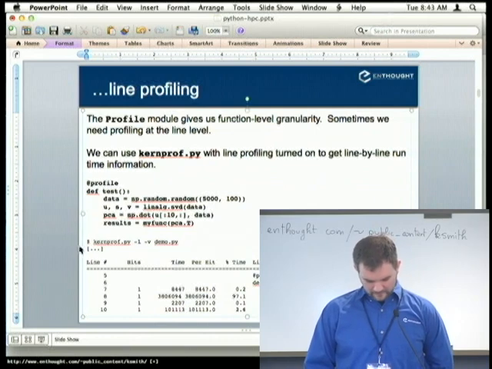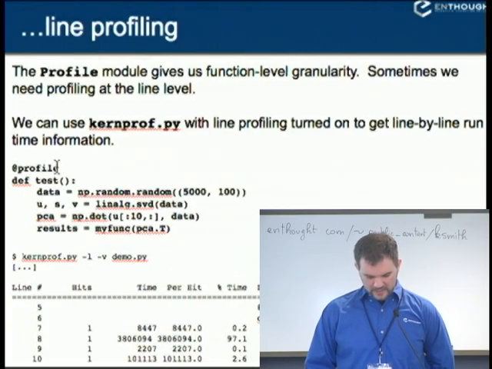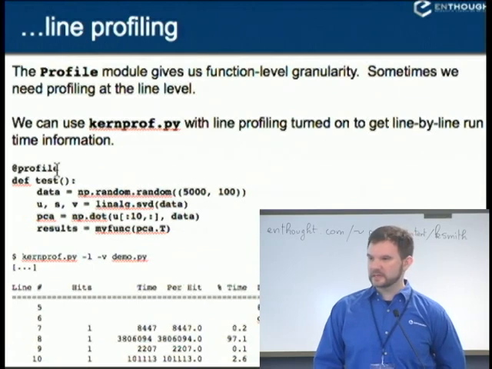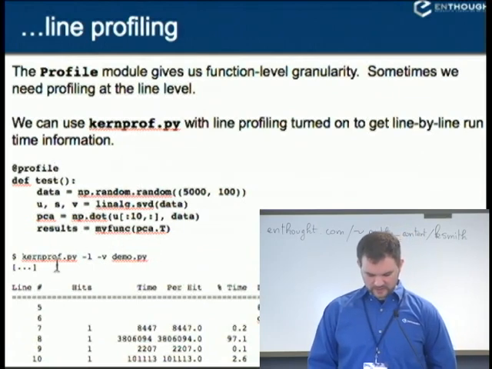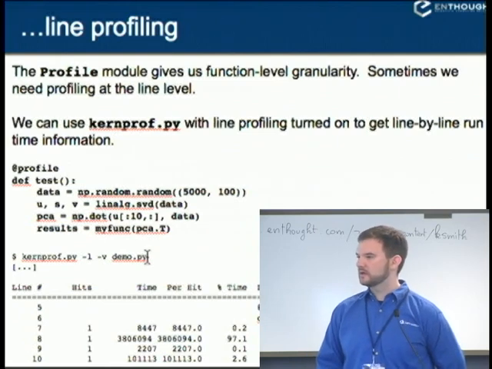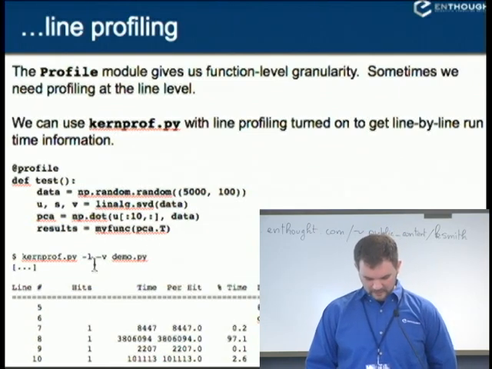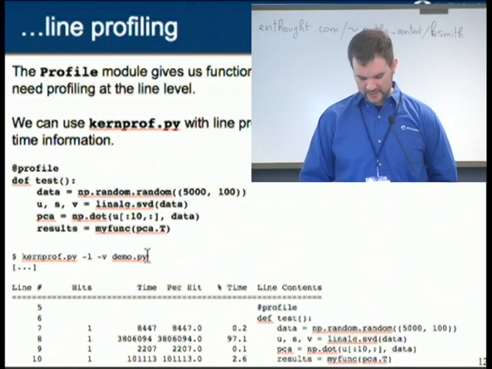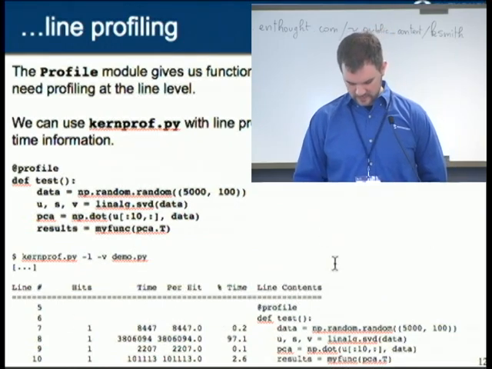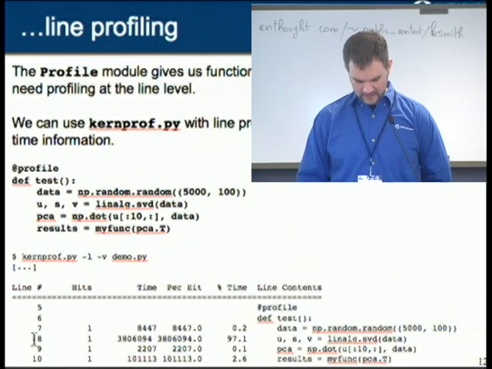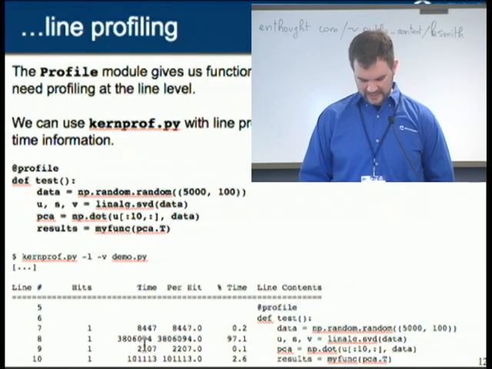But if we put this @profile decorator in our code, and we run this kernprof.py line profiler on it, and we give it a few flags, -l -v, we get this output here, which is pretty nice. It's giving us the line number, the number of hits, the number of times we call that line, and the time that line took.